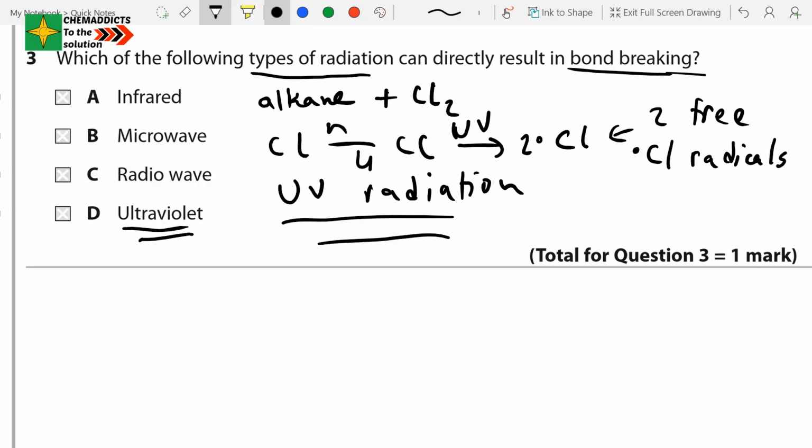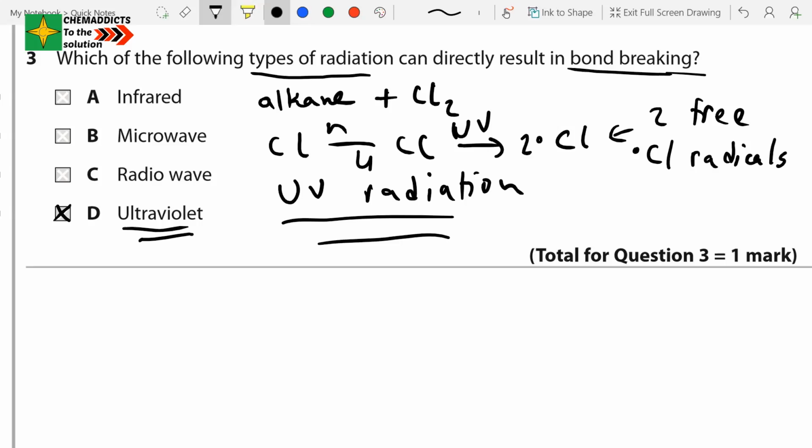Here we can see that the chlorine bond breaks homolytically with the help of UV radiation. Since this UV radiation makes this bond break, we can say that UV radiation can actually break bonds directly. So that is why the correct answer is D.